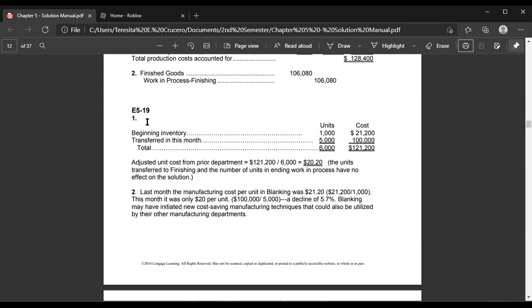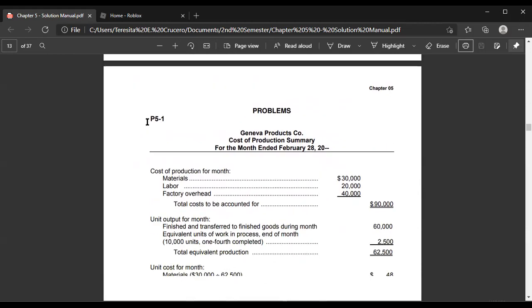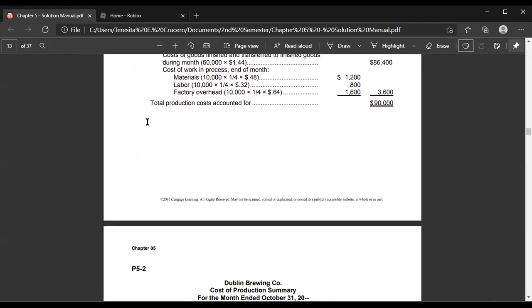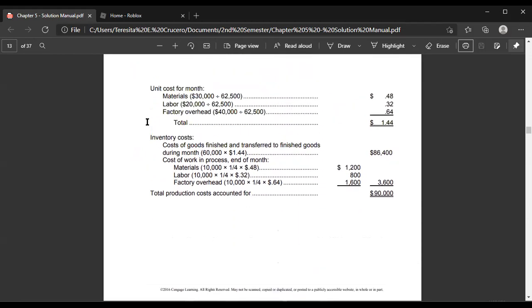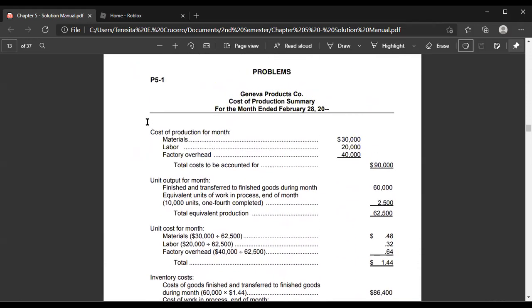So we have now your problem E6-19, no? Anyway, I'll just continue with one more problem. Problem 5-1. 5-1 is here, a cost production summary or report.